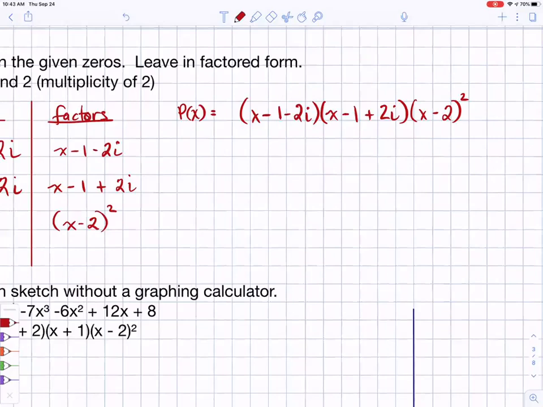You guys will have to help me out with this next question because I don't know the answer to it, because I haven't done the MyLab homework in several years. Even though it says leave in factored form, if I was giving a test on paper and I said leave in factored form, this would be an okay answer. I don't think that MyLab accepts this as factored form as long as there's i's in there.